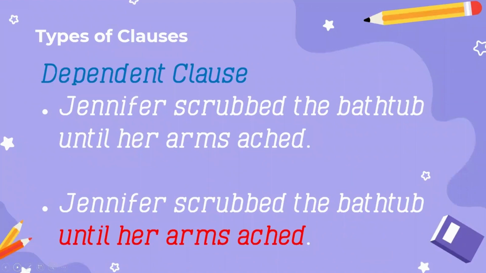But despite the fact it has a subject and a verb, it cannot stand by itself. And take note that there is an introductory word at the beginning of this clause, which is a subordinating conjunction, until. Despite the fact it has the subject arms and the verb ached, until her arms ached is still dependent on the main sentence, Jennifer scrubbed the bathtub. That's why it is called dependent clause.